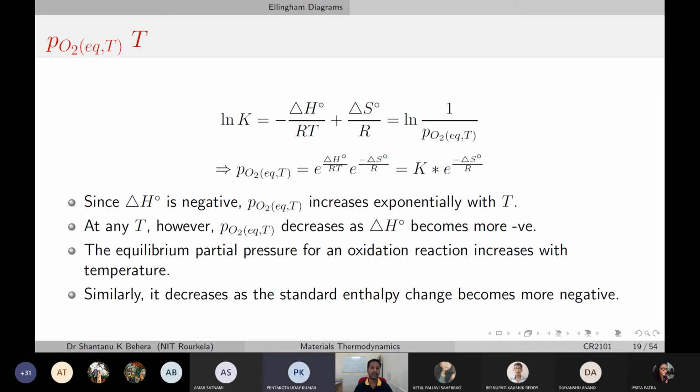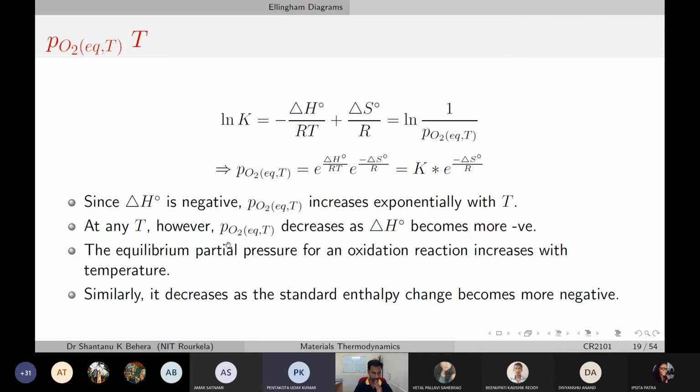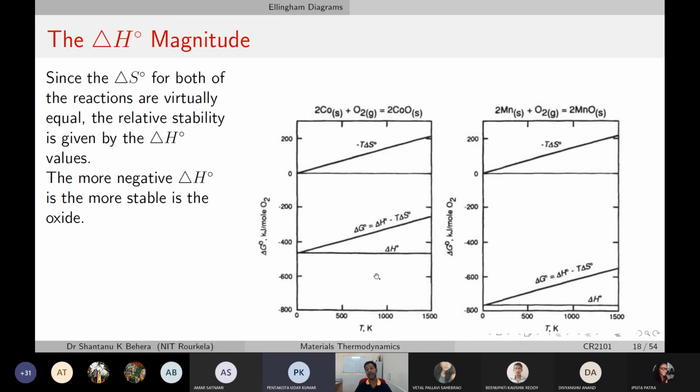In that case, we're talking about, let's say, 500 Kelvin, and we're comparing the partial pressure of oxygen required for the oxidation of cobalt versus the oxygen required for the oxidation of manganese. And you see that the PO2 required decreases as del H becomes more negative, which is exactly what I was discussing with you moments ago.